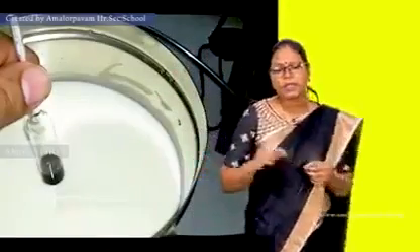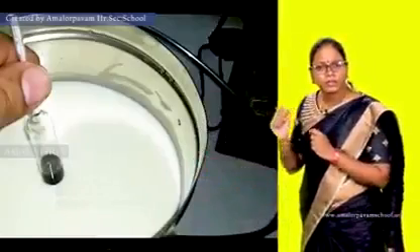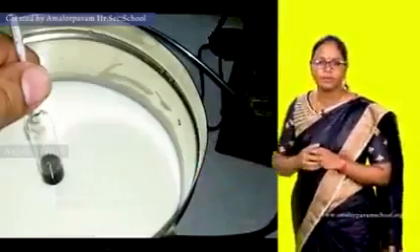See here, this instrument is graduated into 100 parts. As you know, milk is poured in and allowed to stand until the cream has formed. Then the depth of the cream deposit in degrees determines the quality of the milk.